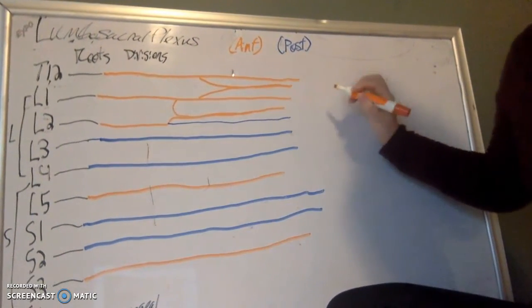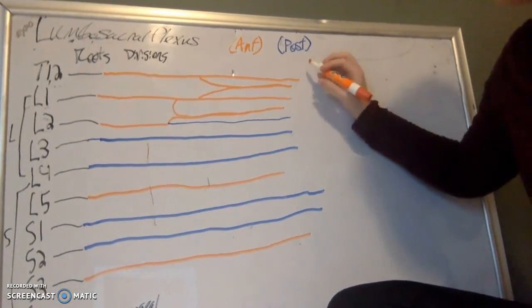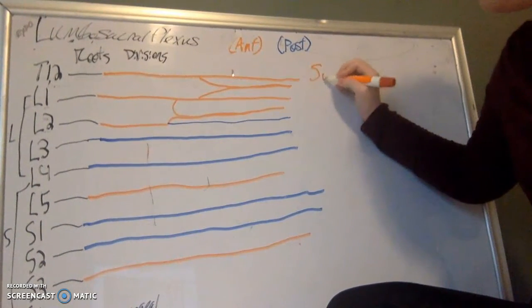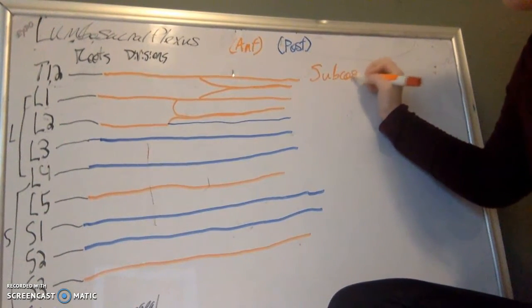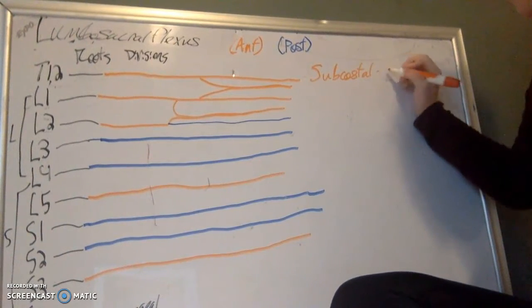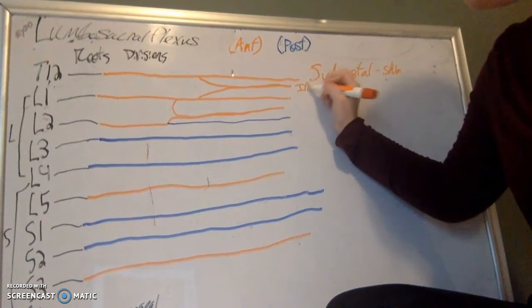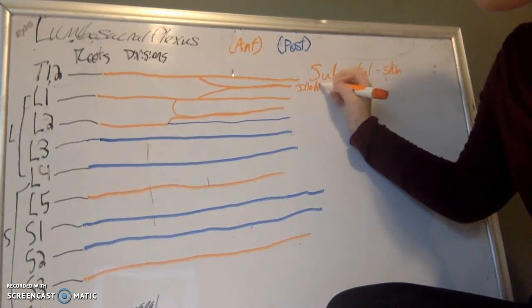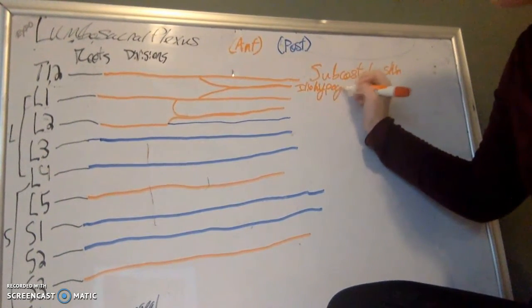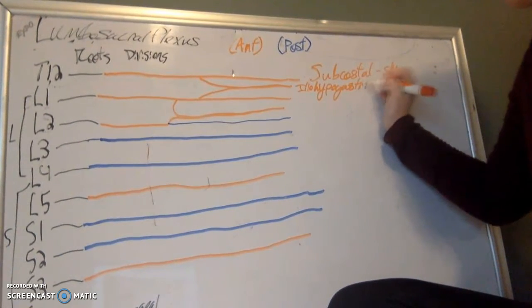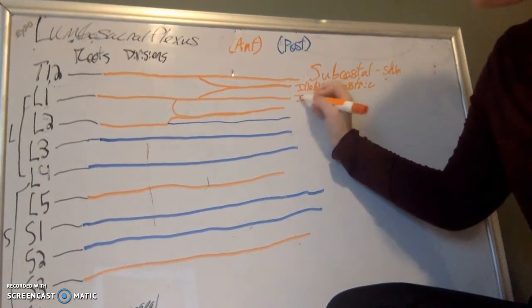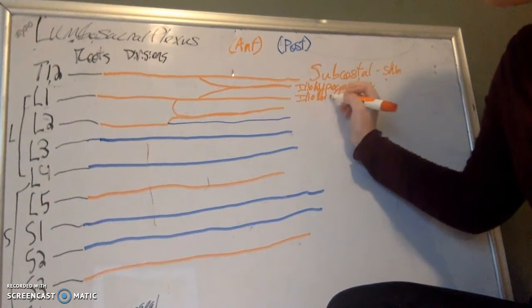And starting up here in the lumbar plexus, we're going to have the subcostal nerve, which will innervate the skin. Then we will have the ilio-hypogastric and the ilio-inguinal.